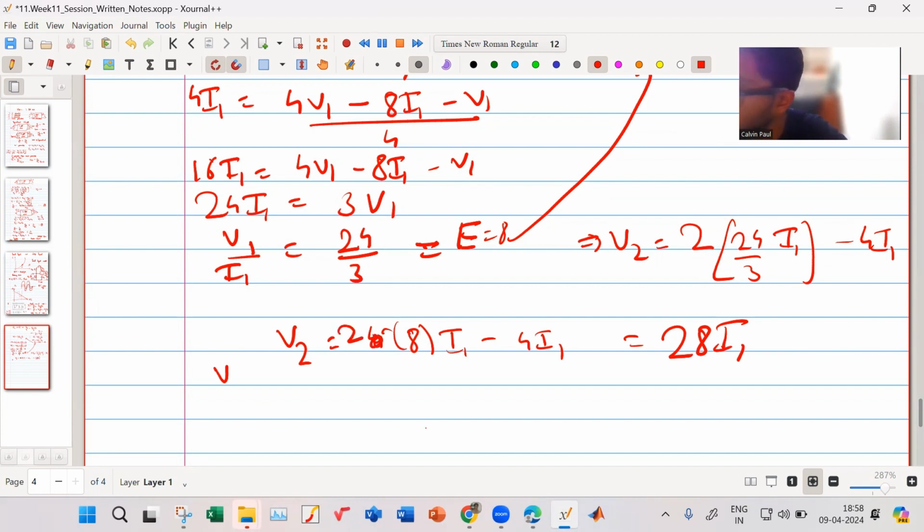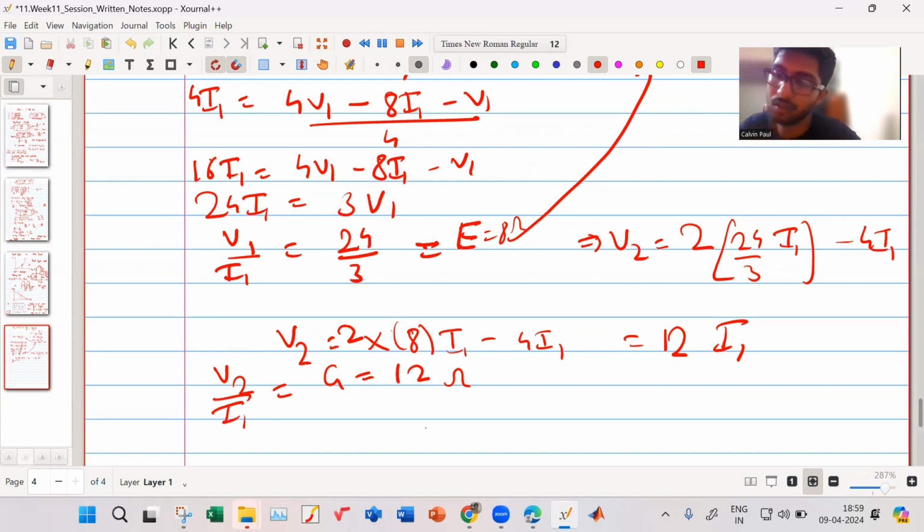So 16 minus 4 is 12 I1. So V2 upon I1 is equal to G is equal to 12 ohm. Okay, its unit is ohm.